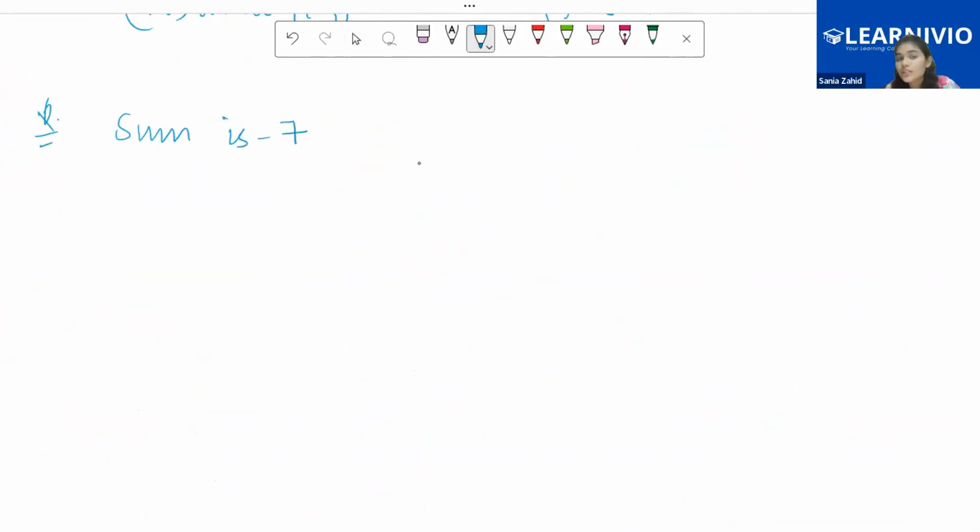So now you have to write 2 integers. One integer you write over here, one integer you write over here, and you add these integers so that your answer is -7. Okay. So can you both solve it? Write 2 integers and their sum should give you -7.